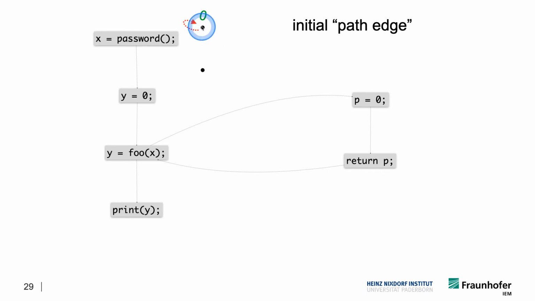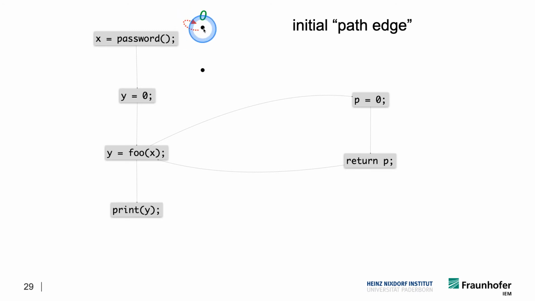We will again start with an initial path edge that is simply a self loop. So this is saying the target node, namely this node, is reachable if and only if it's reachable from the source node, which is the same node, right? So this is just a tautology. It's saying this node is reachable when it's reachable. And we know by definition that it is reachable.